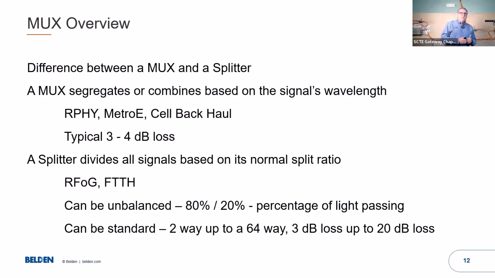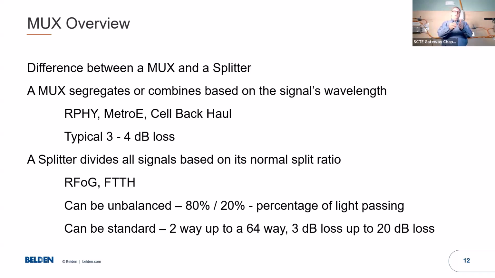A mux is based on wavelengths. So out in the field, the nodes, RFI, regular node splits where we're doing the 4x nodes and things like that, EPON nodes, the node itself, those work on muxes. Every location gets a different wavelength. And so the device that looks like a splitter that has multiple ports coming off of it, each one is actually different content.